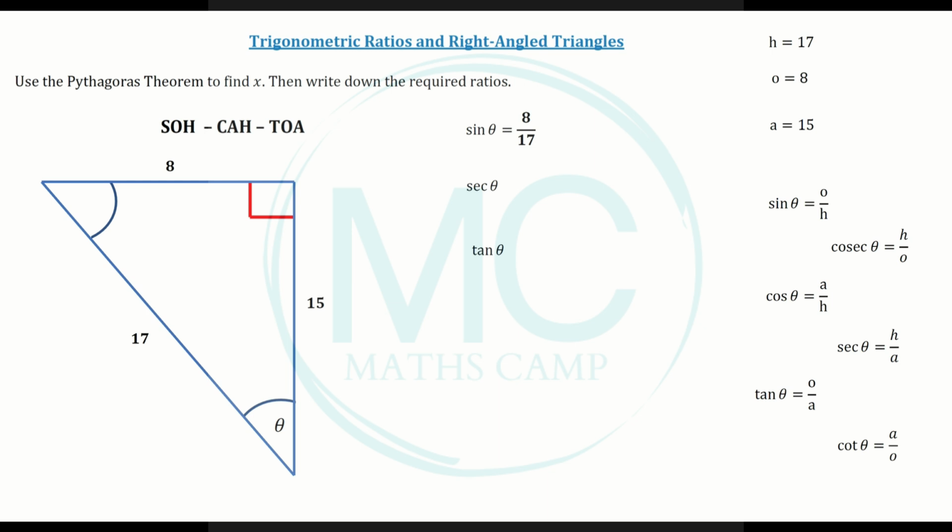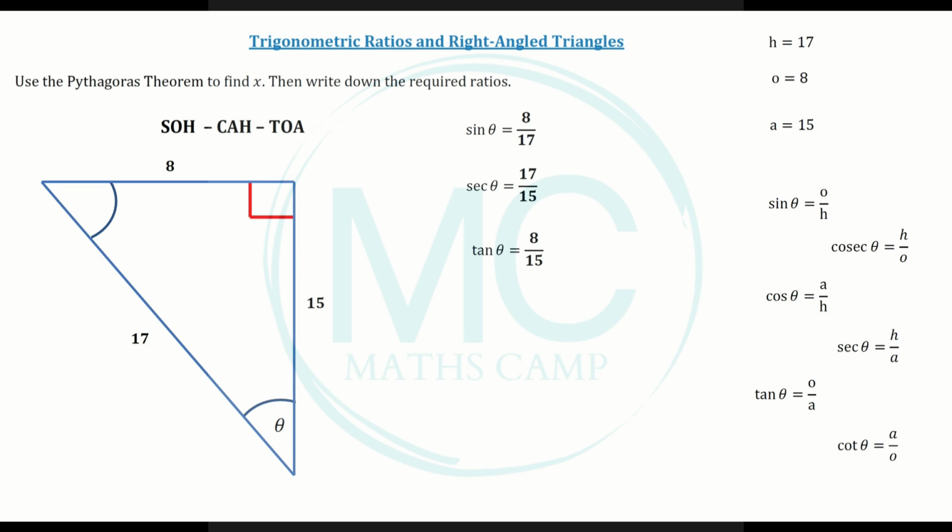So now we can say sec theta is equal to the hypotenuse, which in this case is 17, over the adjacent side, which is 15. Finally, we know that tan theta is equal to the opposite side over the adjacent side. So in this case, tan theta is equal to the opposite side, which is 8, over the adjacent side, which is 15.